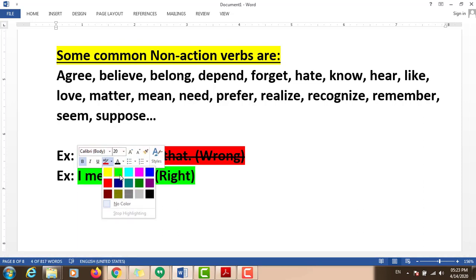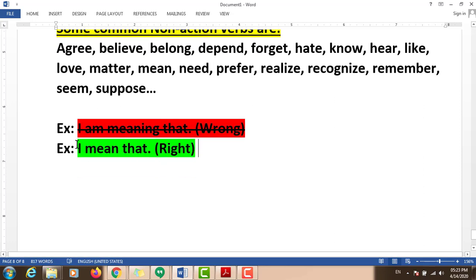Let's put this one in light green. Okay, so this is right. Why? Because this is a non-action verb, and non-action verbs can be used in what? Can be used mostly in simple present, and you cannot use them in present continuous. All right, guys. Thank you.